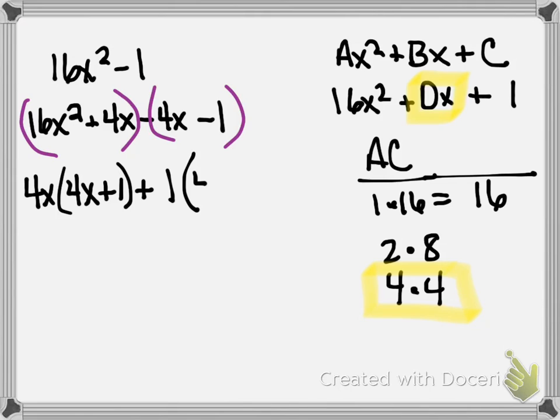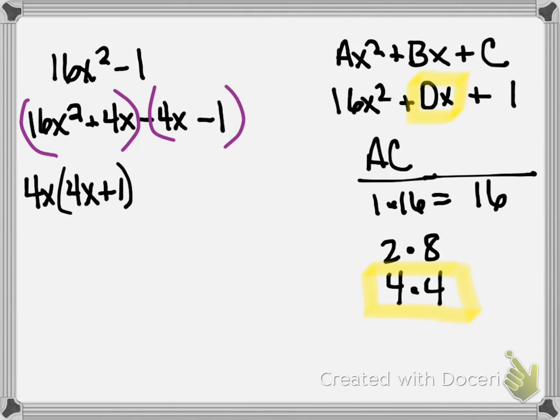That's going to leave us inside with 4x minus 1. These are not the same, are they? That's how you know you need to go back and take out the negative 1, because your goal is to get these two pieces the same so that you can factor it out the second time when you use the AC method.